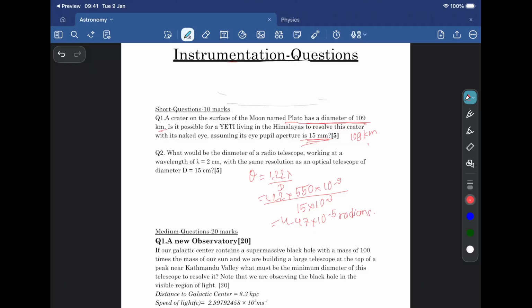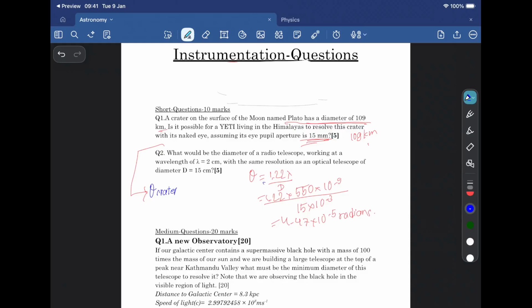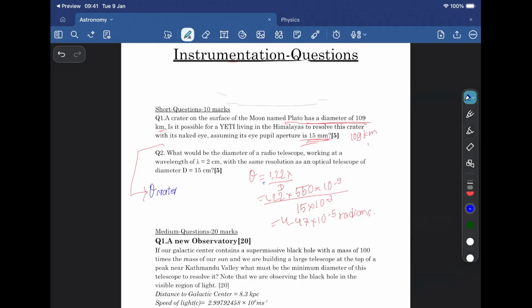What we will have is the angular size of the crater, which is the diameter of the crater divided by the distance.